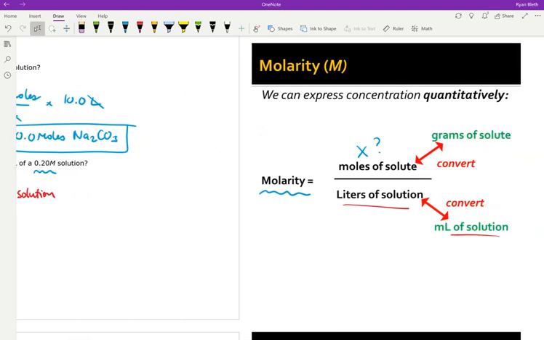Same as last time, we're not going to even have to look at this part of the extended equation anymore. We won't have to use this. We already did the conversion, right, from 100 milliliters to liters. That's what we did to get this. And our molarity is given to us at 0.20 moles per liter. So all we have left to do is solve for x.